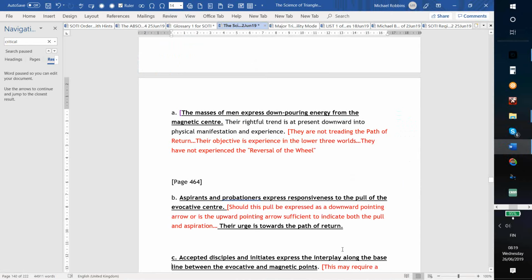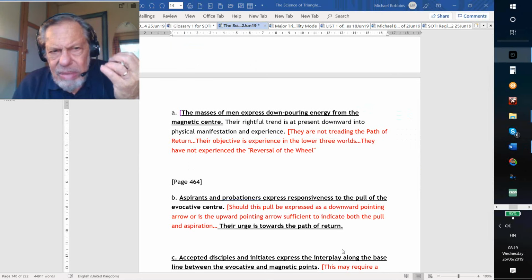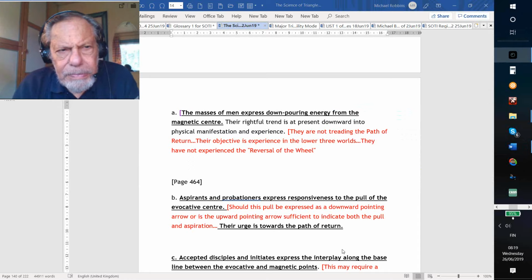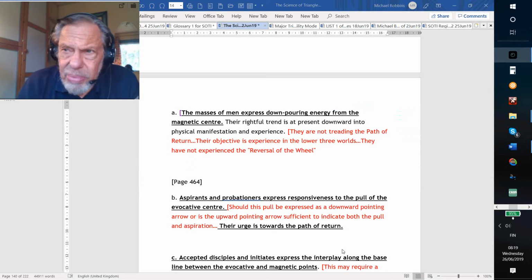Their urge is towards the path of return. Now, it's so difficult sometimes for someone who's on the path of return to talk to someone who's on the path of outgoing, because they just have different directions and different purposes, and they don't understand each other, and it leads to friction.